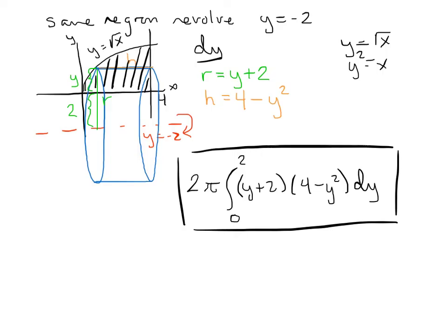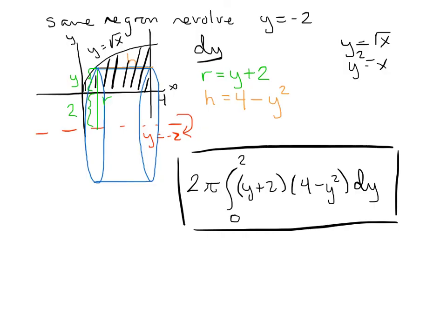Okay, so I've seen formulas for these types of things that say if you're revolving about the y-axis or some line x equals something, here's what you would do with shells, or here's what you would do with disks. Or if you're revolving about the x-axis, here's what you would do. And to a certain extent, you can memorize a bunch of different formulas for this.